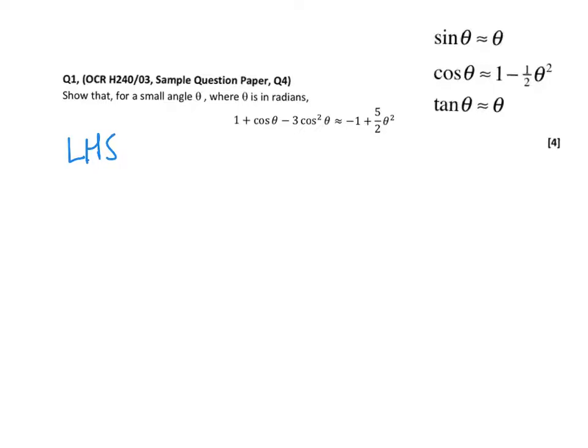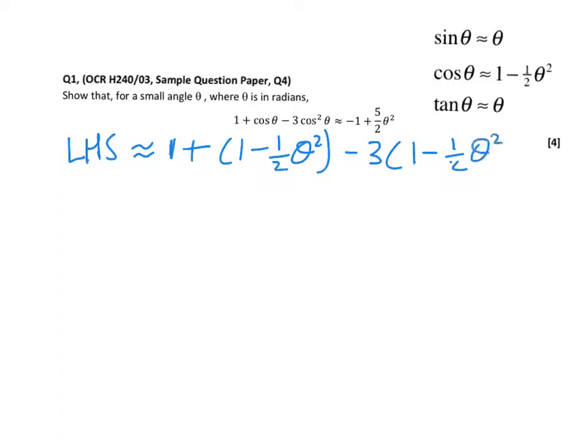So using our formulae, the left-hand side is approximately 1 plus 1 minus a half theta squared, minus 3 lots of, this is going to be cos squared, so I'm going to have 1 minus a half theta squared all squared. So let's have a look. We're going to square that bracket first.